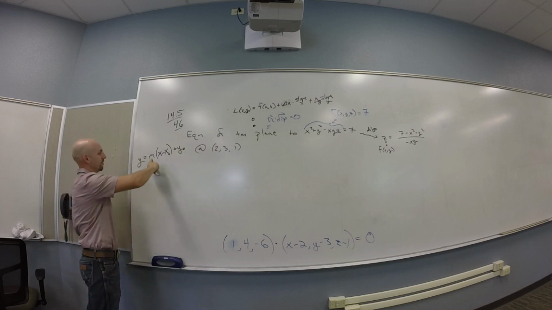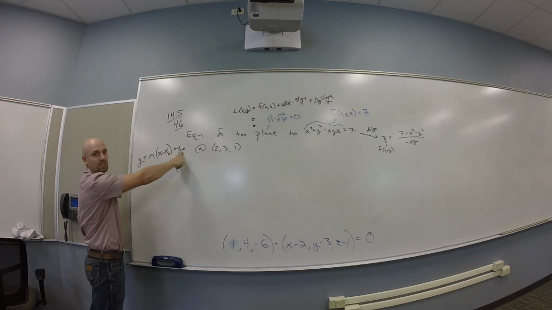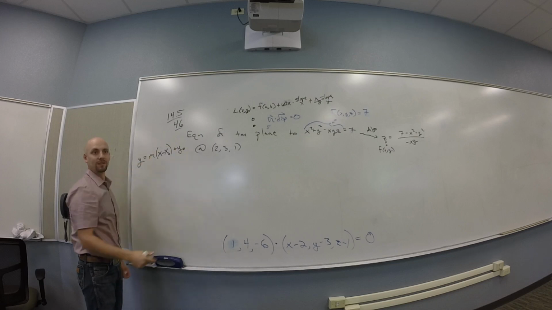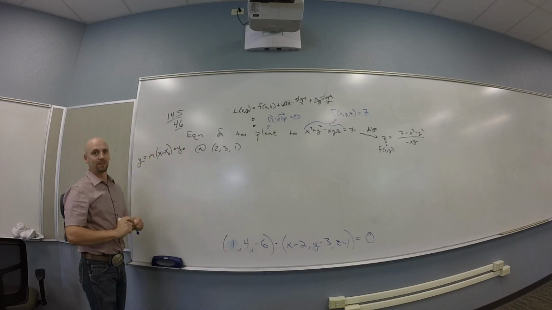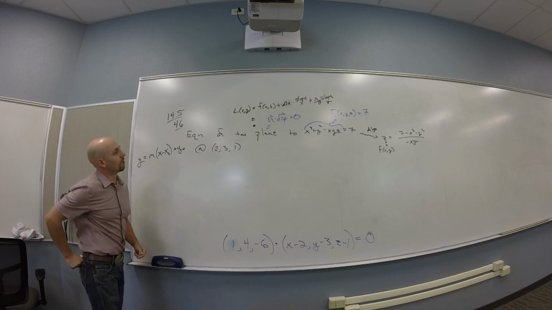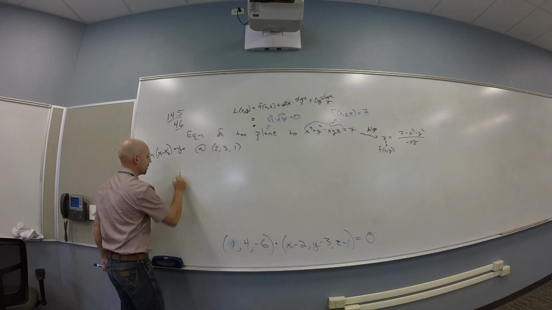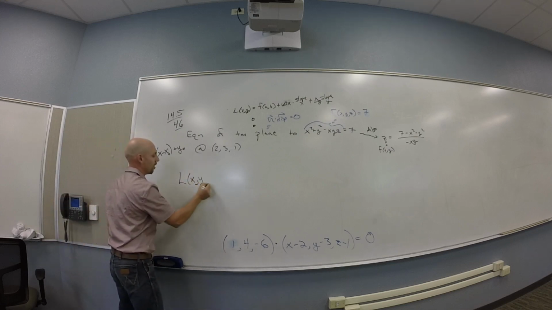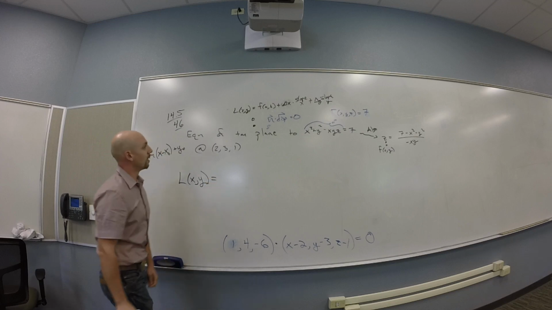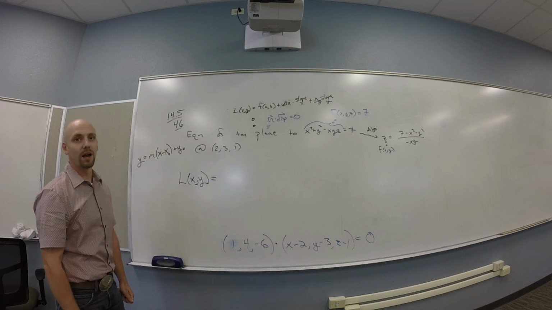Slope in x, change in x, and some kind of initial height, right? You guys all cool with that? All right. So let me write. So L of x and y should be, let's see, what's my best guess for the height?